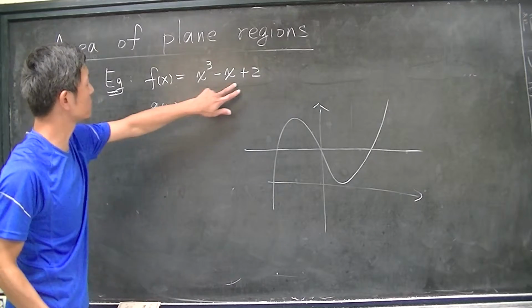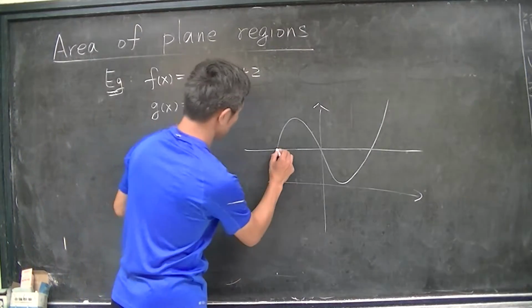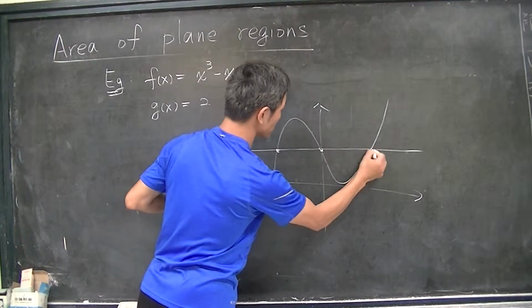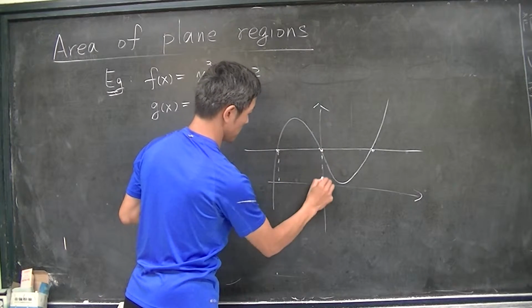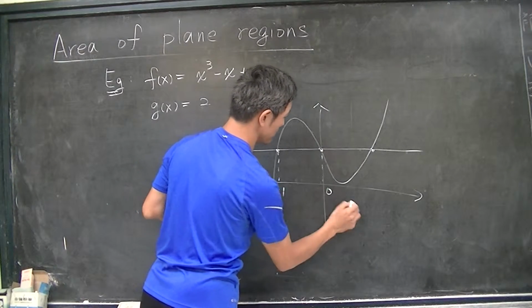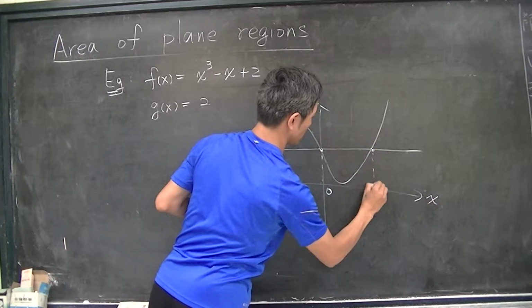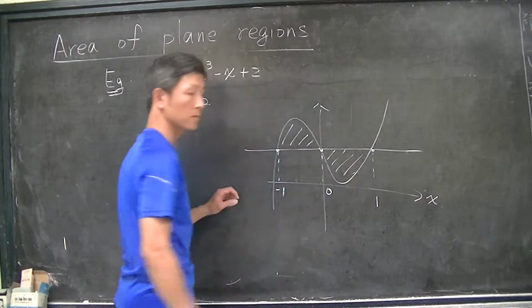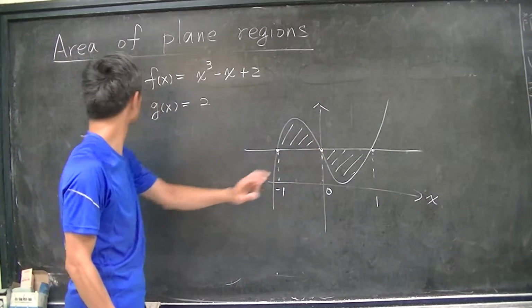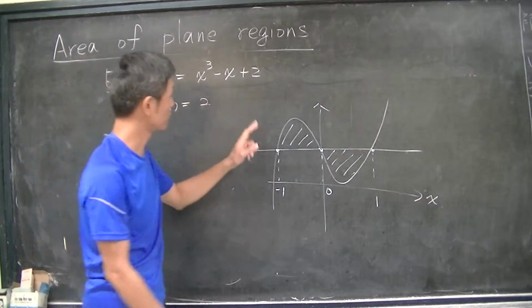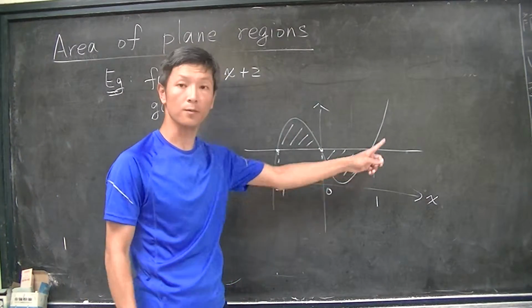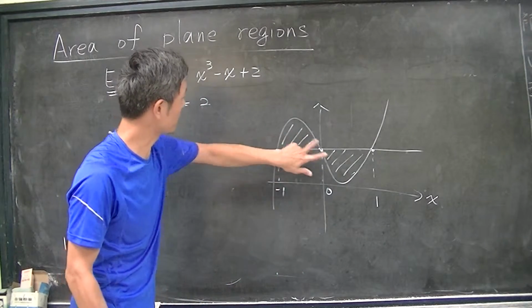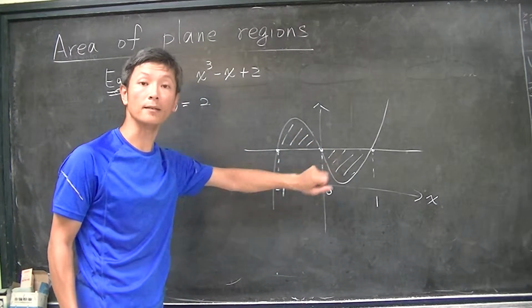It's easy to see that they have 3 intersection points, given by -1, 0, and 1. We want to compute the region bounded by these two curves, so the total area of these two parts.